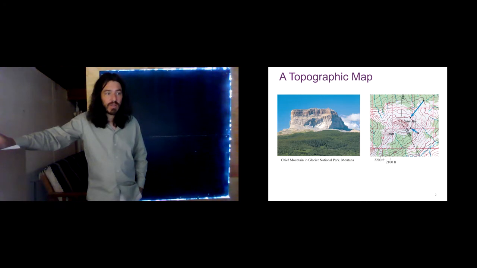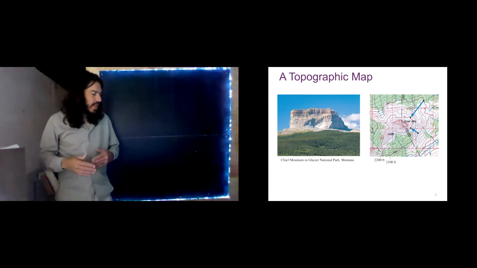In other words, if I was walking along this 2,000-foot line, then I would neither be going up nor down. If I was to move perpendicularly to that, that is the very steepest ascent that can be had at that point. If you are familiar with the term, skiers or mountain climbers talk about the fall line, right?